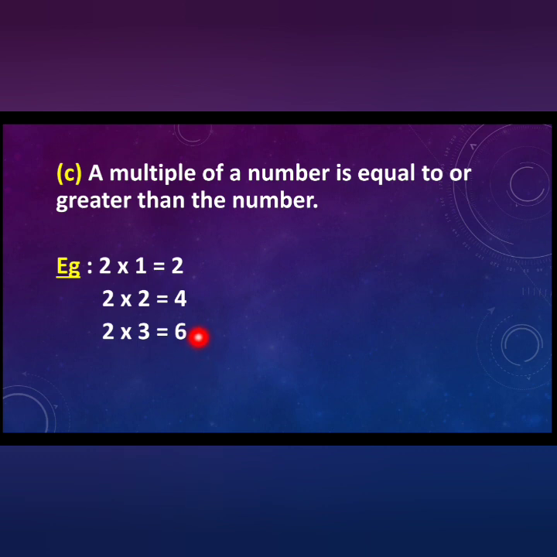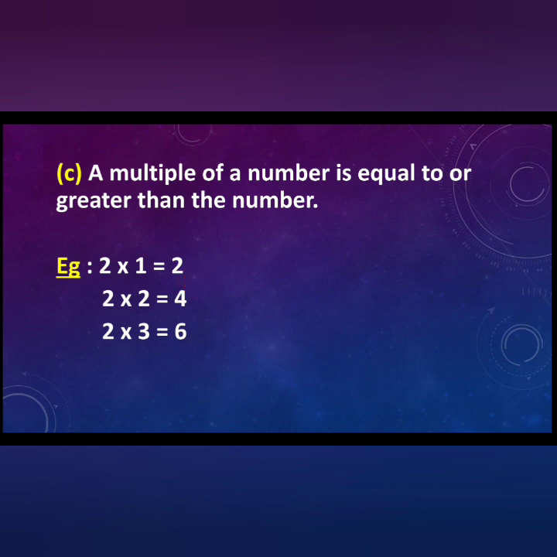Now see, which one is the smallest? 2 is the smallest, right? Is there any multiple in the multiples of 2 which is less than 2? No, right? So a multiple of a number is equal to or greater than that number. It may not be smaller than that particular number.